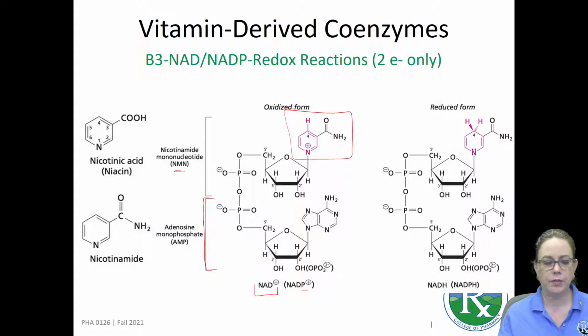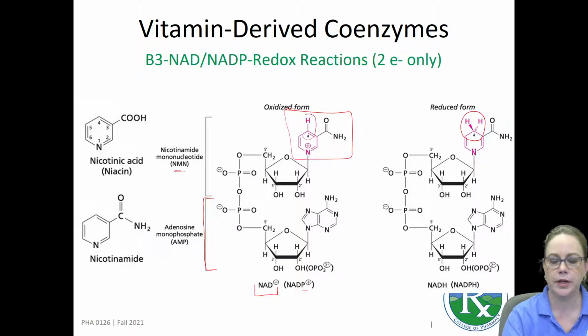The key thing with our nicotinamide, for our reactions to happen here, is that we don't want any substituents on that nicotinic acid or nicotinamide ring. All the action with our hydride transfer is going to take place at that 4 position, which is why it's highlighted.